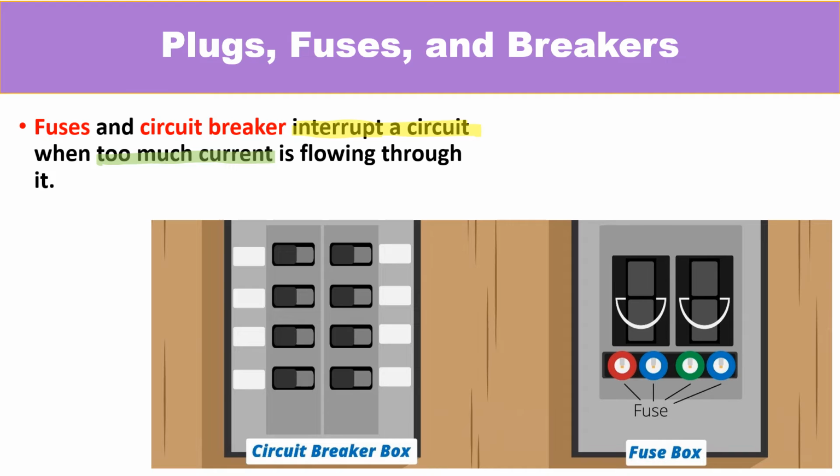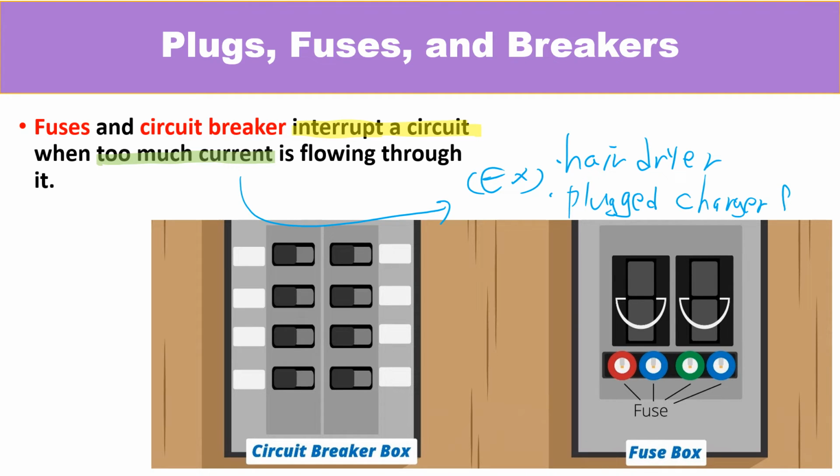So this is a situation where, for example, you're using a hair dryer and at the same time you plugged in, I don't know, the charger of your phone, etc. Let's assume that you're using a lot. Hair dryer is a notorious one. And if you notice, a lot of bathrooms have their own circuit breaker when you go to the basement. Or maybe one or two extra rooms, but not much other than its own room, which is the bathroom.